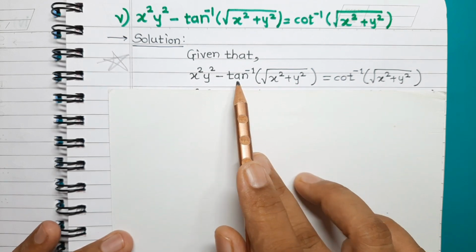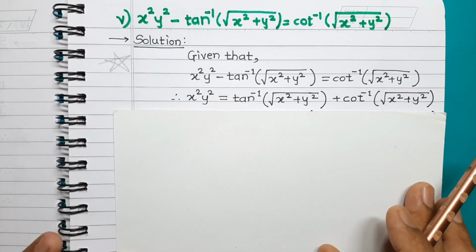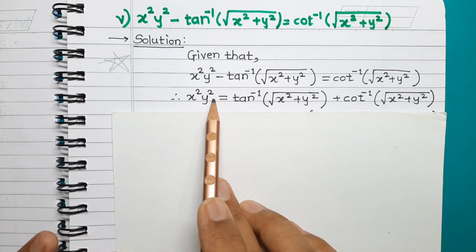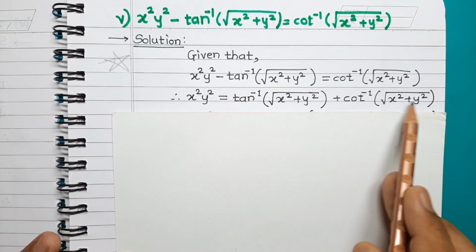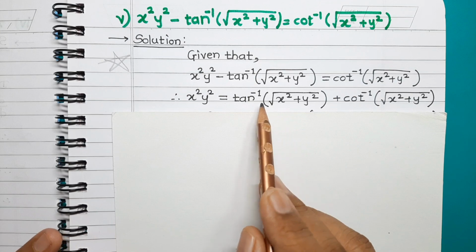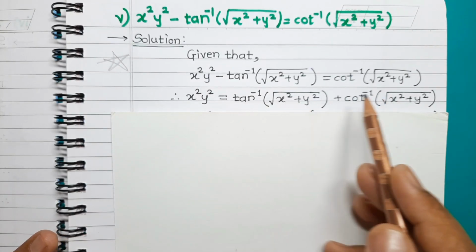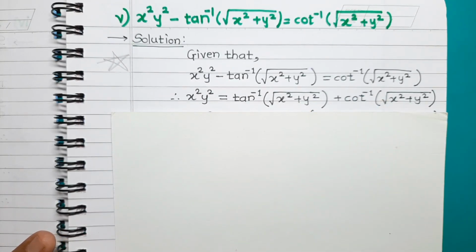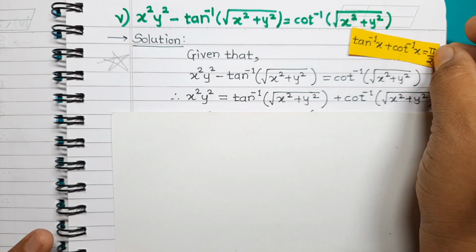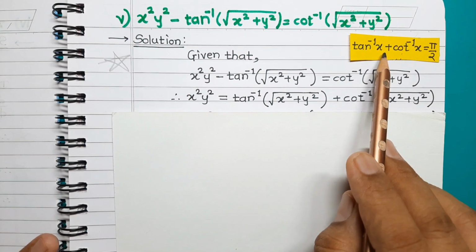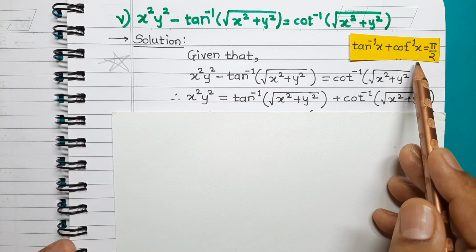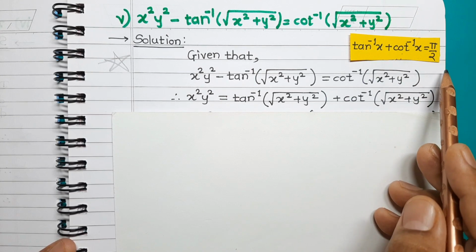So for that, let's shift this term to RHS to get x square y square is equal to tan inverse plus cot inverse. Now observe this sum, tan inverse plus cot inverse. We remember this result: tan inverse of x plus cot inverse of x is equal to pi by 2.